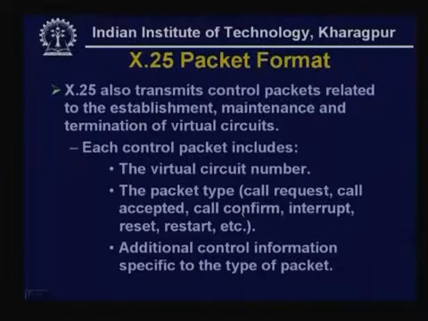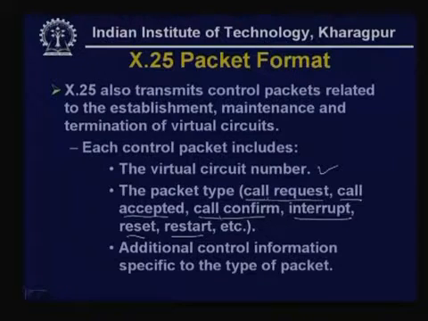X.25 also transmits control packets related to establishment, maintenance, and termination of virtual circuits, as I mentioned, and each control packet includes the virtual circuit number, the packet type, for example, call request, call accepted, call confirm, interrupt, reset, restart, etc. These are the various control packets that can be communicated between the two DTEs, and additional control information specific to a particular type of packet may be added to the packet.